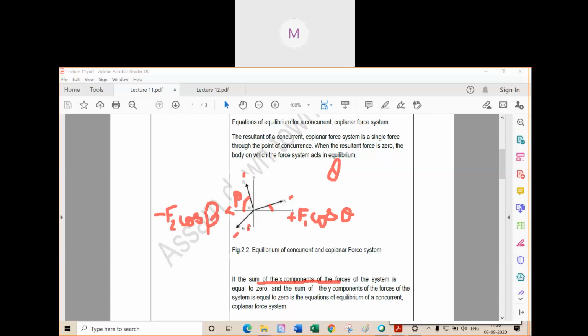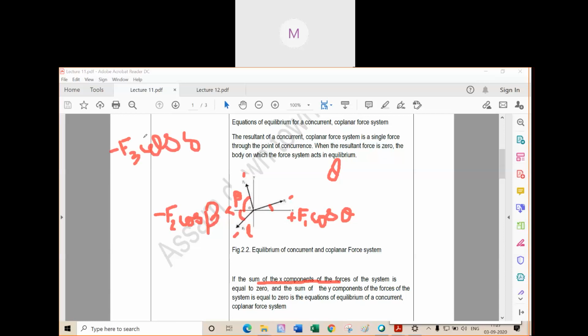Now similarly F3 makes a certain angle here. Suppose it is delta; then it will be minus F3 cos delta.